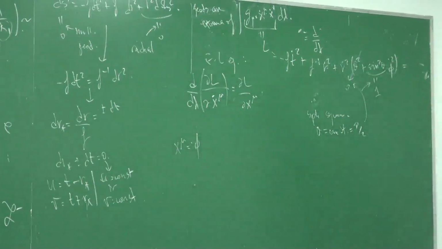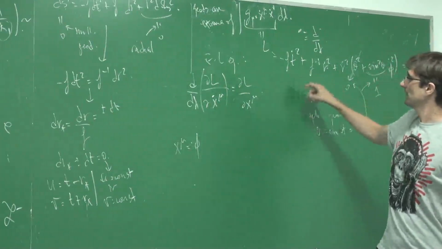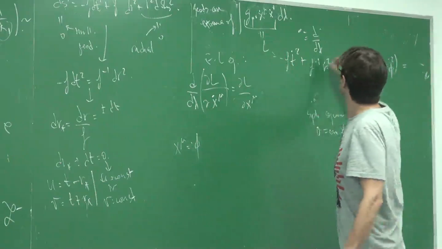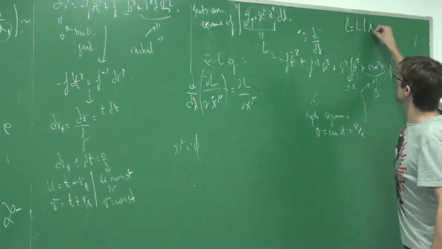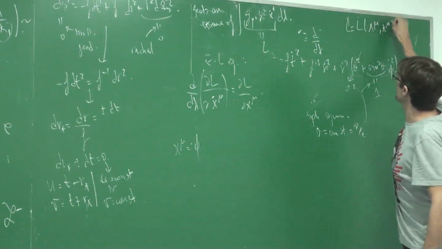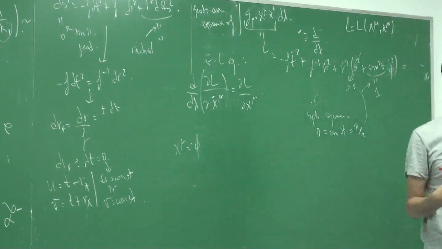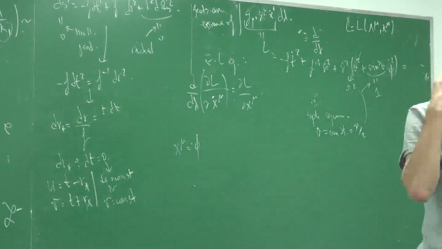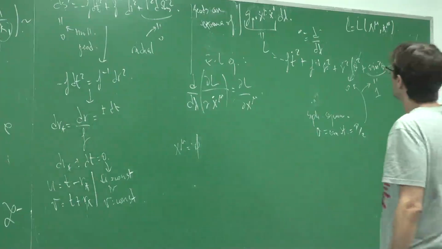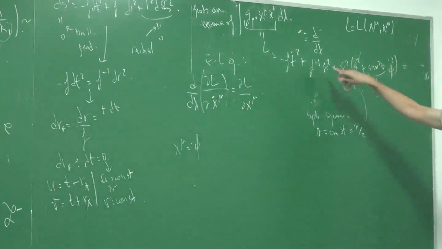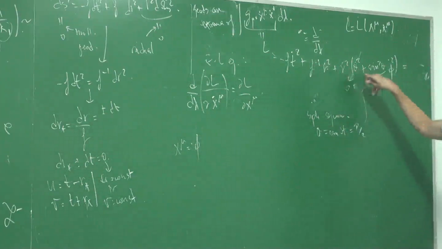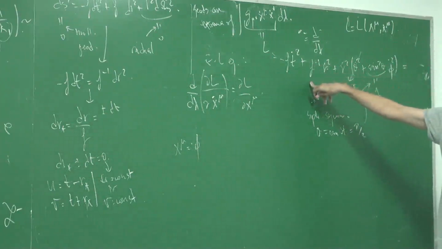I use varphi for the field. So the Lagrangian is a function of x mu and x nu dot. The only coordinate on which it depends is r.